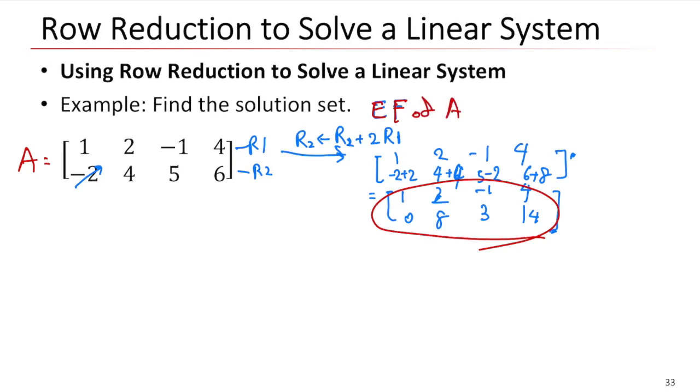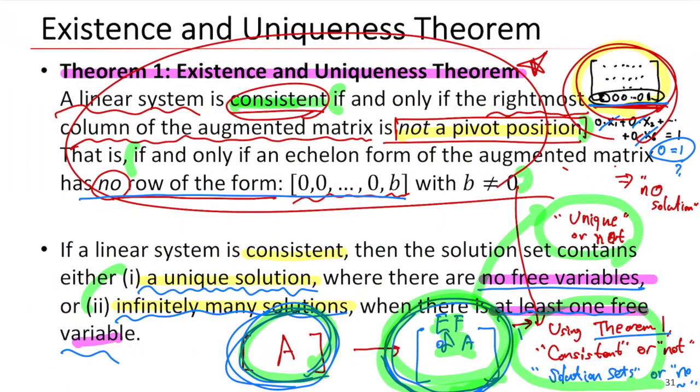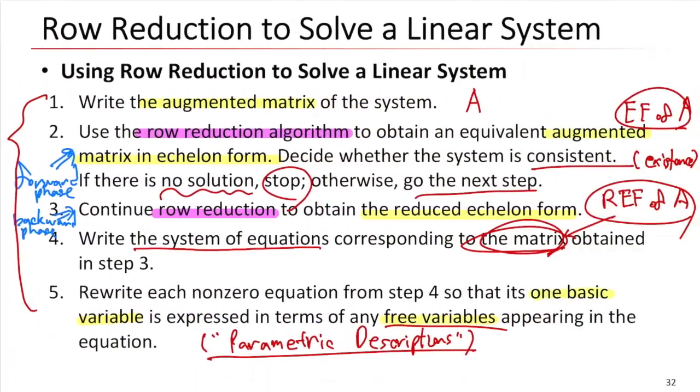Actually, we can go further, but from here we can just decide whether this system is consistent or not. This system is consistent because there's no row like this.